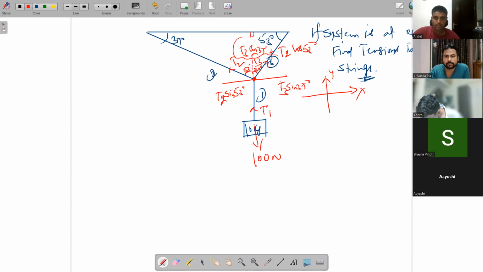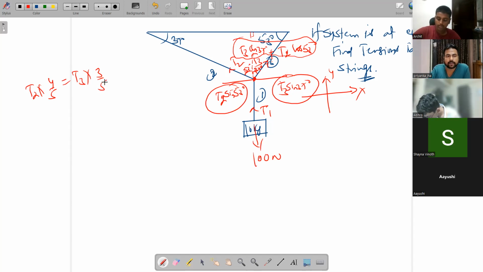These two components will add up. So now you can balance the force in the horizontal direction and vertical direction. In the horizontal direction, this will be nullified by this. That is T2 sin 53, that is 4 by 5, equal to T3 sin 37, that is 3 by 5. So 4T2 equals 3T3.